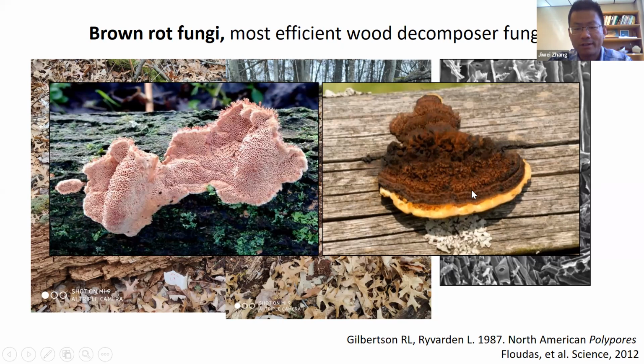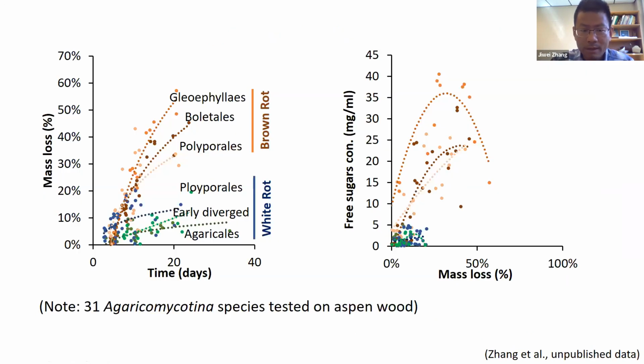This fungus is Gloeophyllum trabeum, which is also commonly seen in the Minnesota area, in the Midwest and northern part of the world. So this is how powerful the brown rot is. I compared the decay rate by measuring the mass loss of the wood blocks decayed by brown rotters and white rotters.